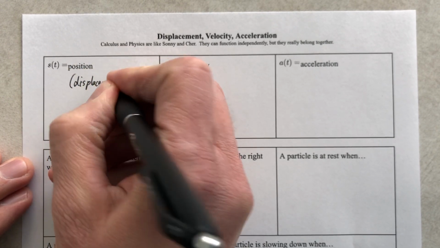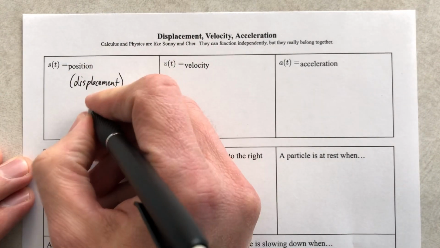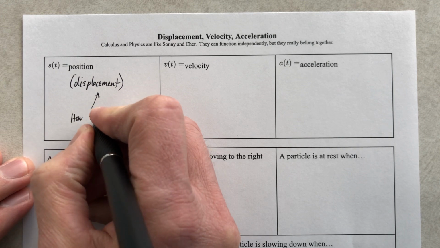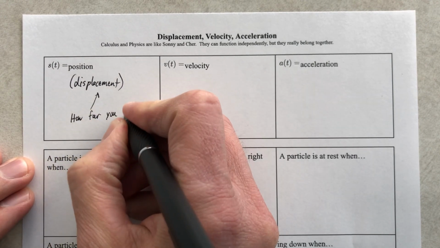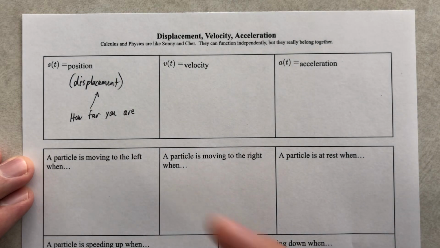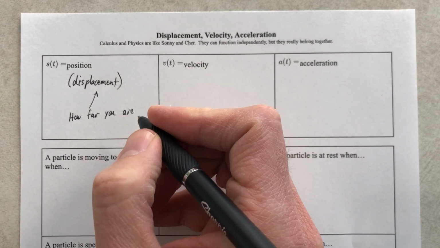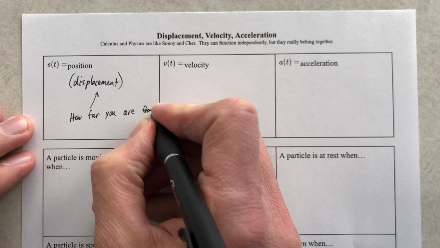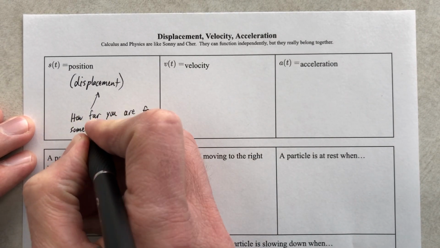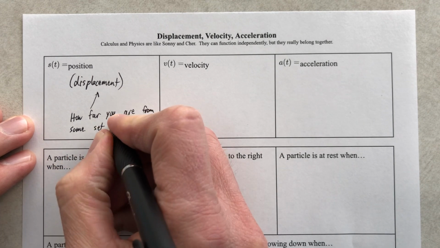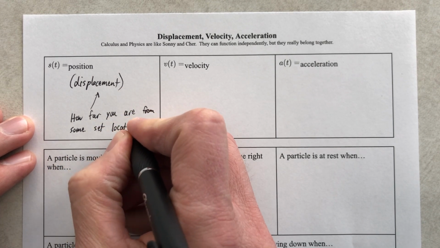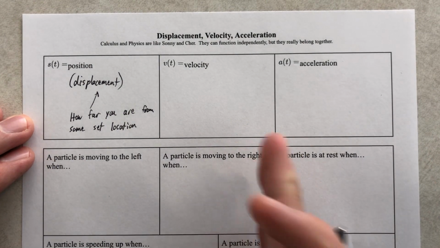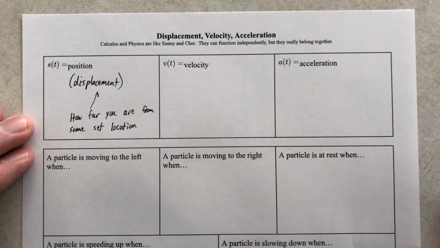And you can tell from the word displacement that we're basically talking about how far you are in relation to something else, from some set location, from ground level, or if you're on a number line, how far are you from zero? And it also says from the left to the right, because of the negatives and positives.